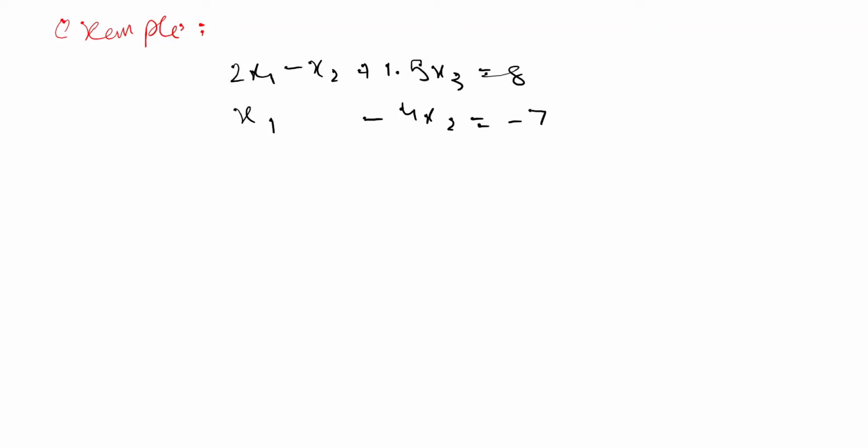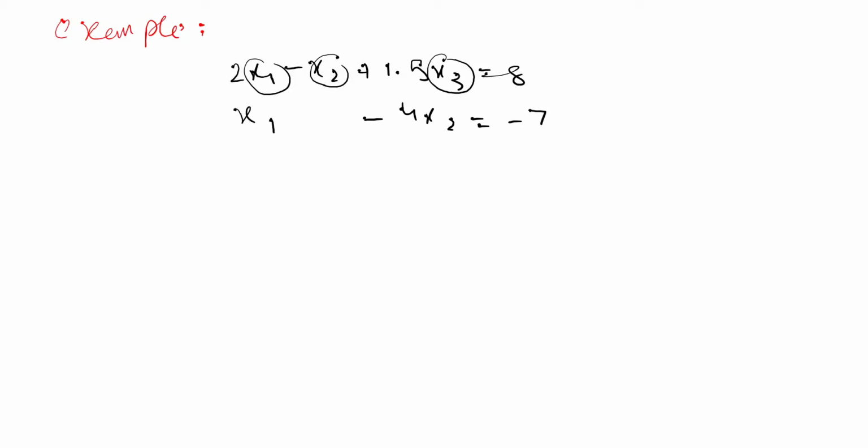So we have two equations. There is no other equation, and as we have three unknowns we need three equations, but then the system will be inconsistent. We will see what is consistent and inconsistent in the upcoming examples.